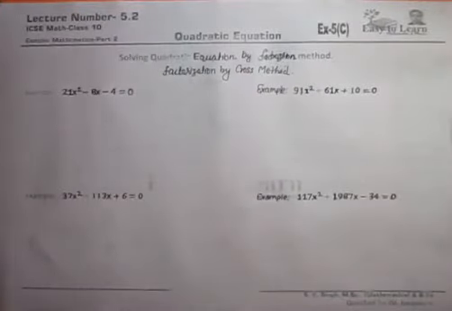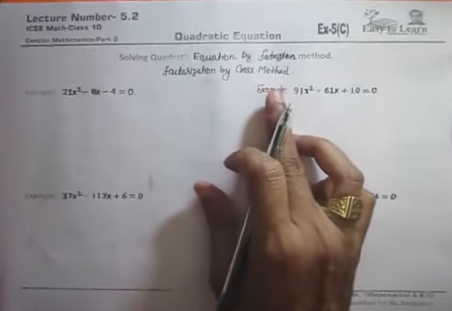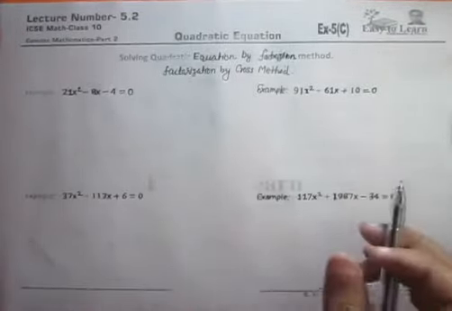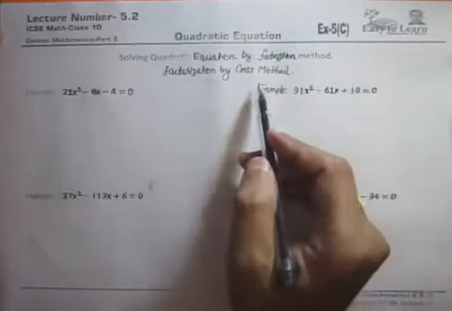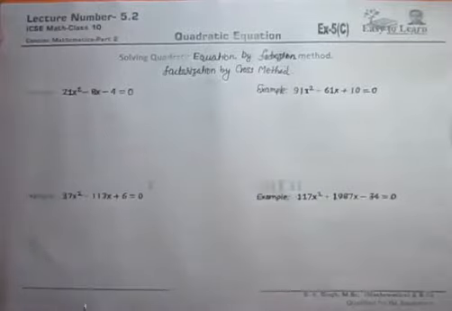Now I'm going to discuss factorization by the cross method. This is a special method for factorization, and in some questions this method is also very useful. So let us understand the cross method of factorization of a quadratic polynomial by some example.